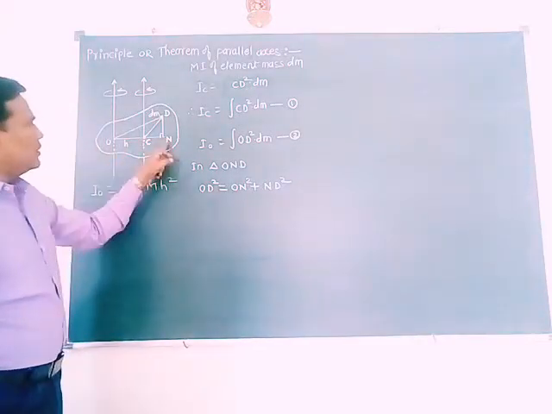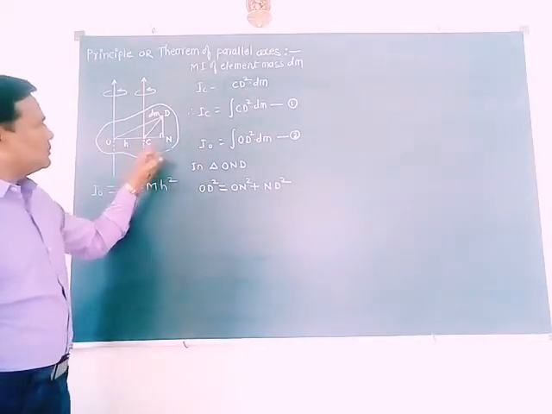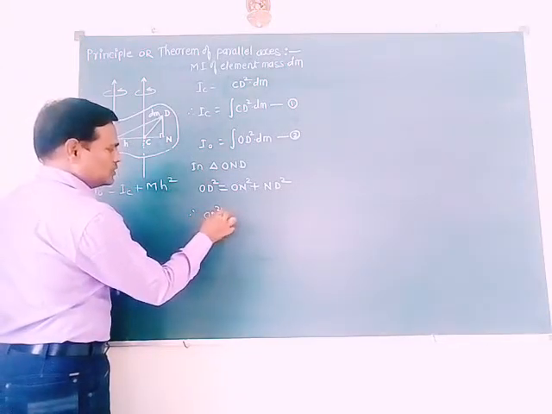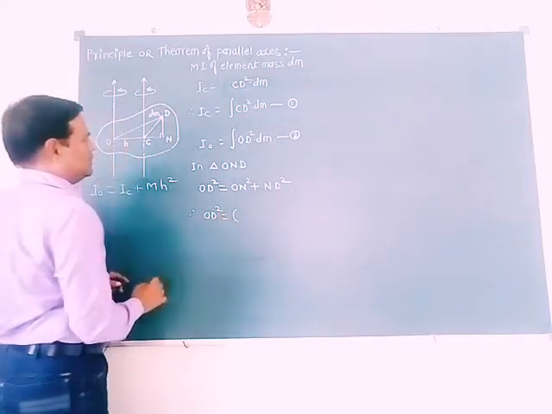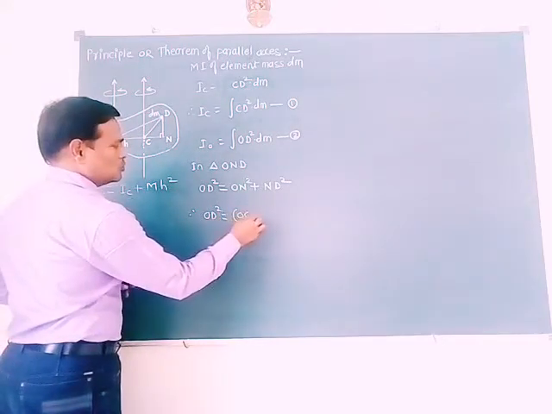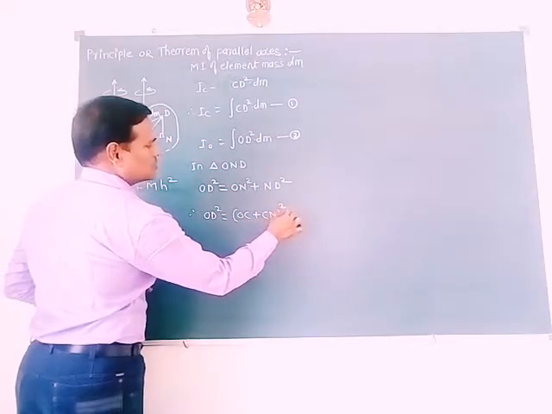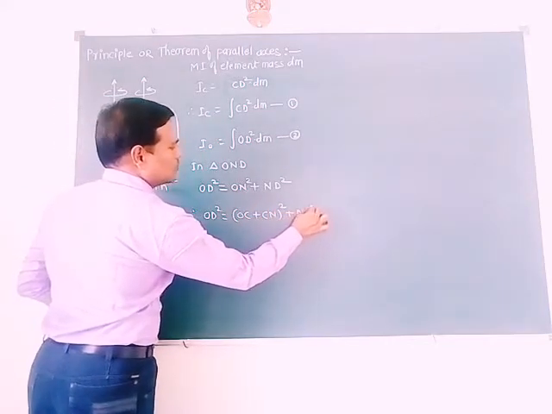How can we write ON? It is OC plus CN. So OD square equals, in brackets, OC plus CN, whole square, plus ND square.